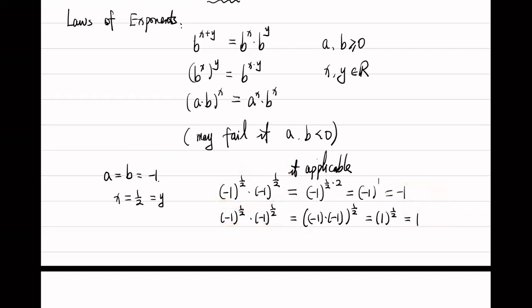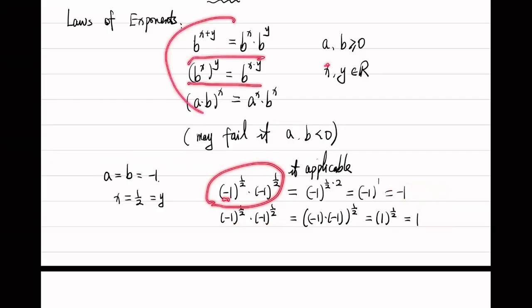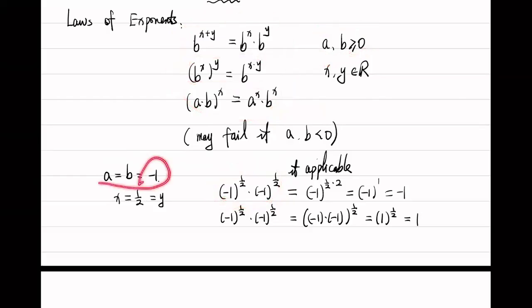Well, the question about this goes beyond the domain of these formulas. So these formulas apply on this domain, a and b positive. Here, if a and b are negative, it goes beyond the application of this.